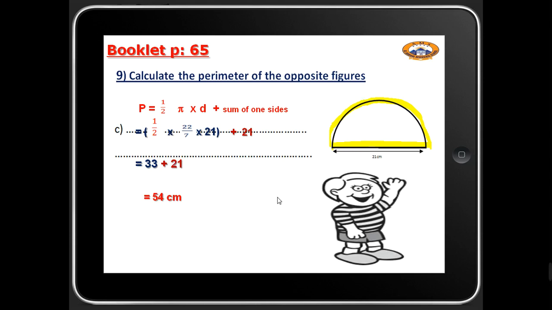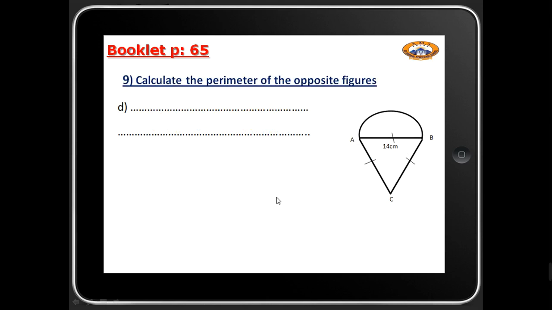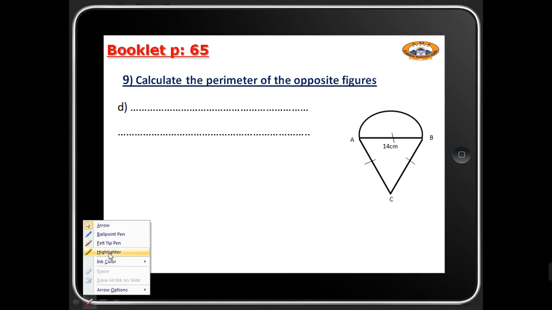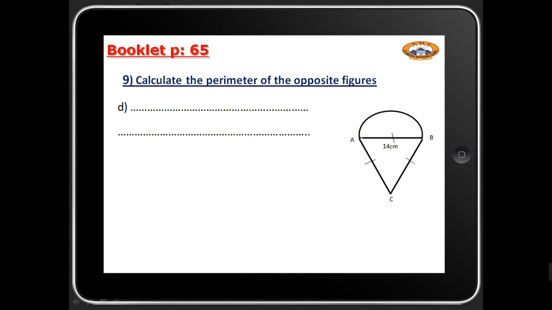Okay, I hope you understand this exercise, and we're going to solve more exercises to become excellent, and the more you solve, the more you learn about how to get the perimeter or the circumference of this shape. Now before we start to solve this exercise, I want you to look carefully at this figure. Yes, I know this is half of a circle. Excellent, my dear student.